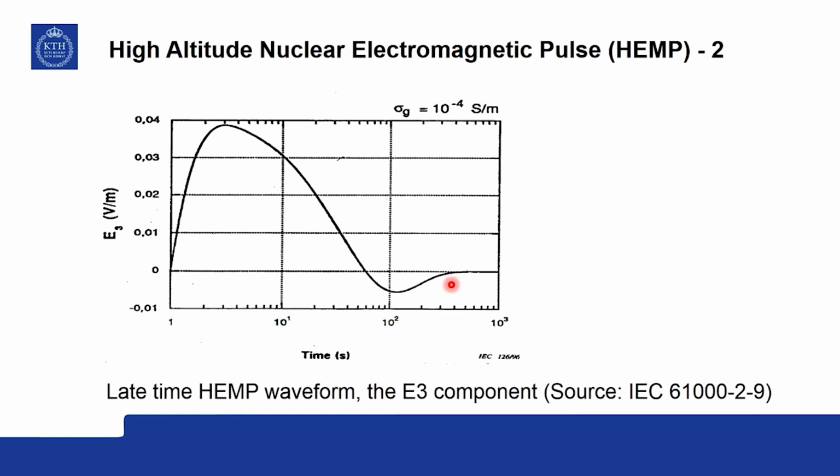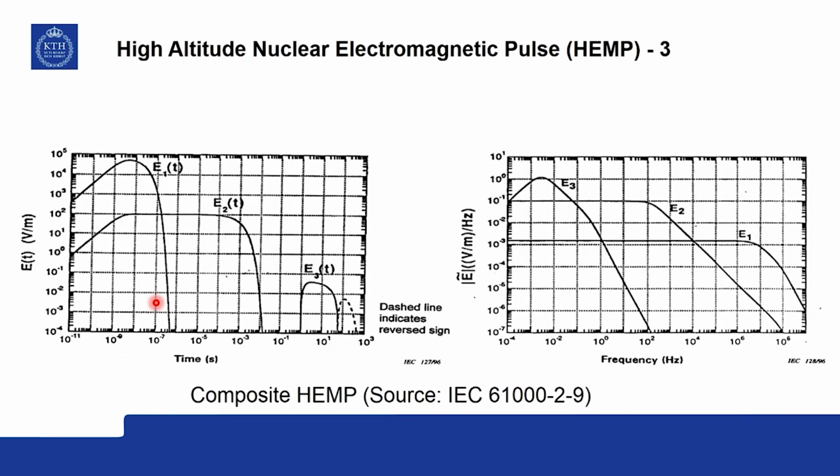The high altitude nuclear EMP E3 component has a lot of energy, but these amplitudes are much smaller, but it can produce problems with very long transmission lines, very long pipelines, etc. This is a kind of composite waveform showing the E1 component, E2 component and E3 component, and this is in the time scale, and this is in the frequency spectra. So, this is the kind of source that one has to design the critical system against.